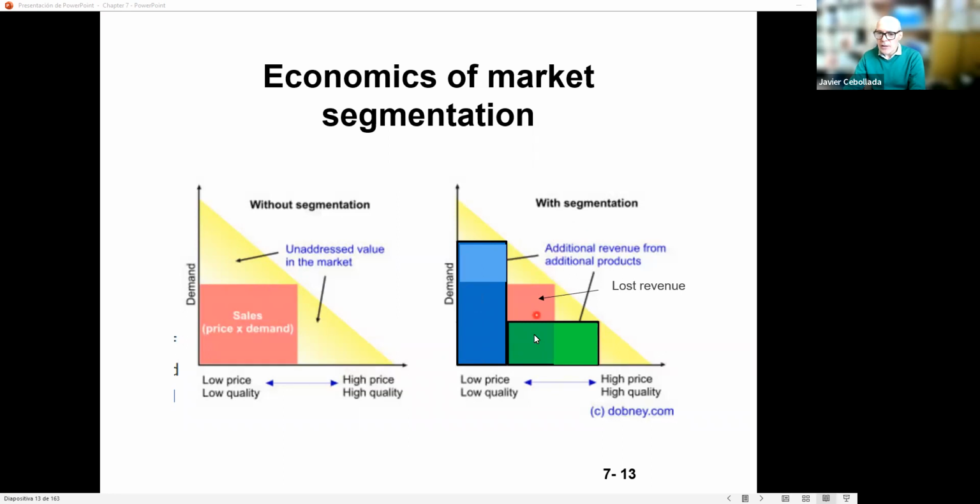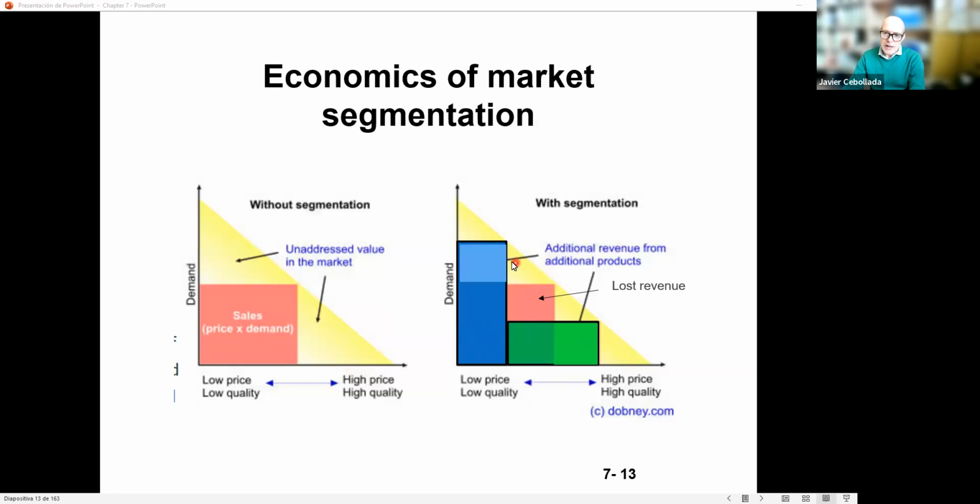If the company launches two products instead of one, a product at a low price that will get this demand, the area of the blue rectangle, and another product at a higher price that will get this demand of the green rectangle, take into account that this part of the demand will be, of course, consumers who will buy the lower price product.